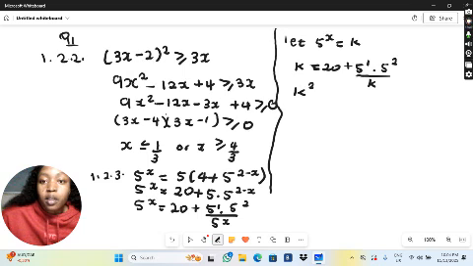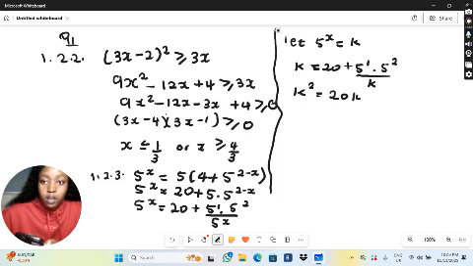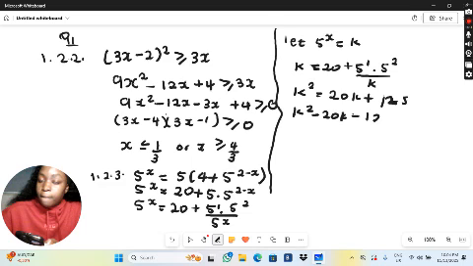We are going to have k squared is equal to 20k plus 125, right? Plus 125. Then we are going to have k squared minus 20k minus 125 is equal to 0.